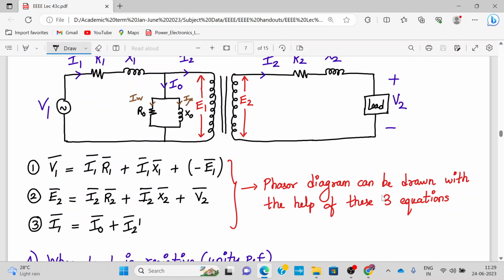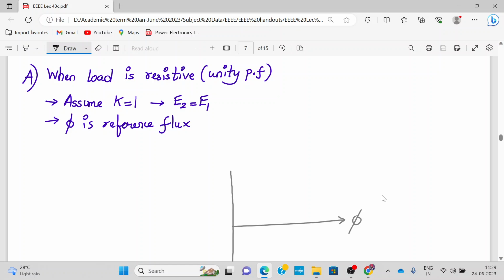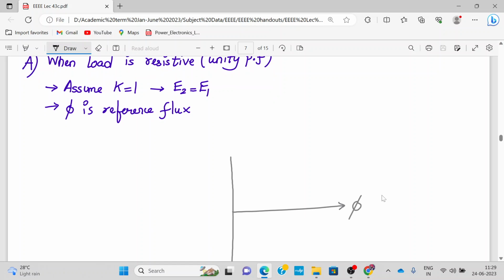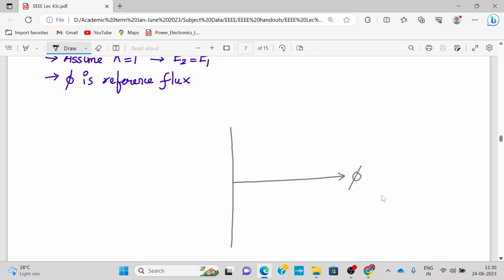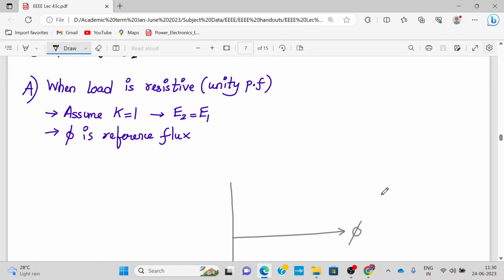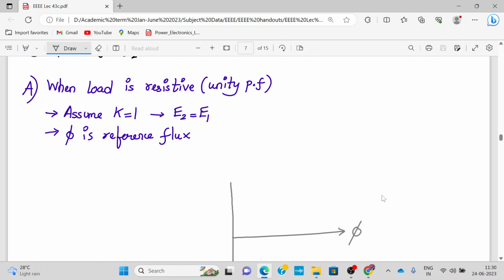Now listen very carefully. Start opening your books and draw it along with me. First of all, there are the following assumptions: when the load is resistive, we have a unity power factor. Assuming the transformer ratio as 1, E1 will be equal to E2, and phi is my reference phasor. Let me write those three equations, as they will come in handy.